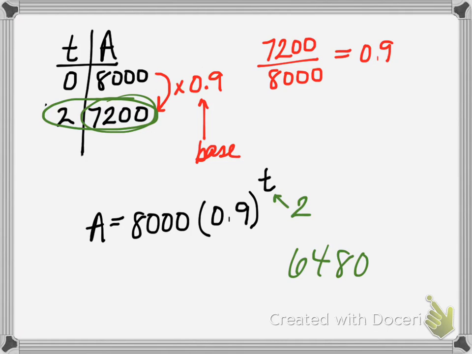The reason we're not getting the right value is because my time values weren't going up by ones. I jumped from a time of 0 to a time of 2.